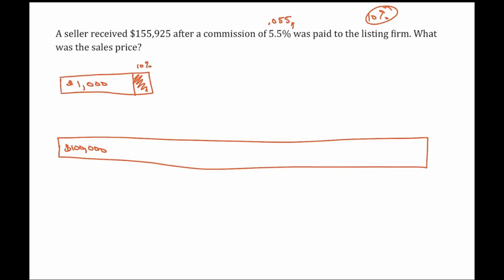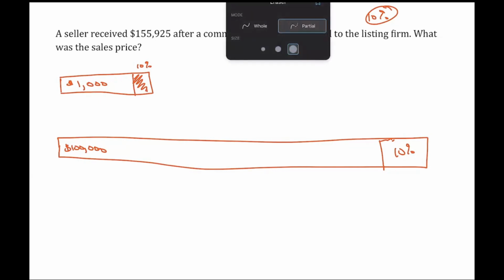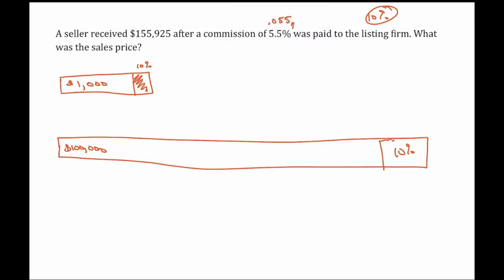Right. But 10% of $100,000, I mean, that's going to be a lot bigger. Do you get what I'm saying there? Yes. And that's because you're taking a percentage of a larger number. So if that makes sense, and I'm just kind of going through it step by step here, let's erase that.